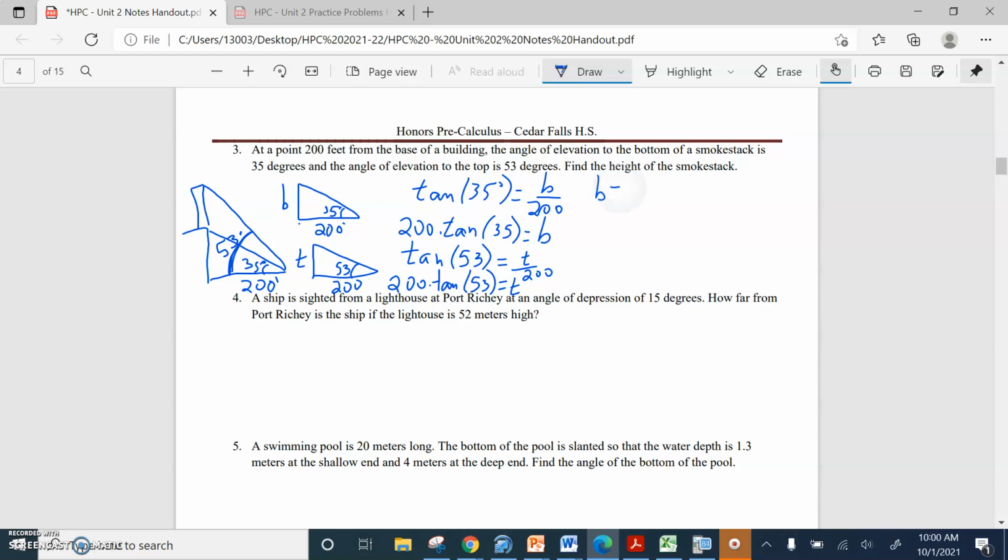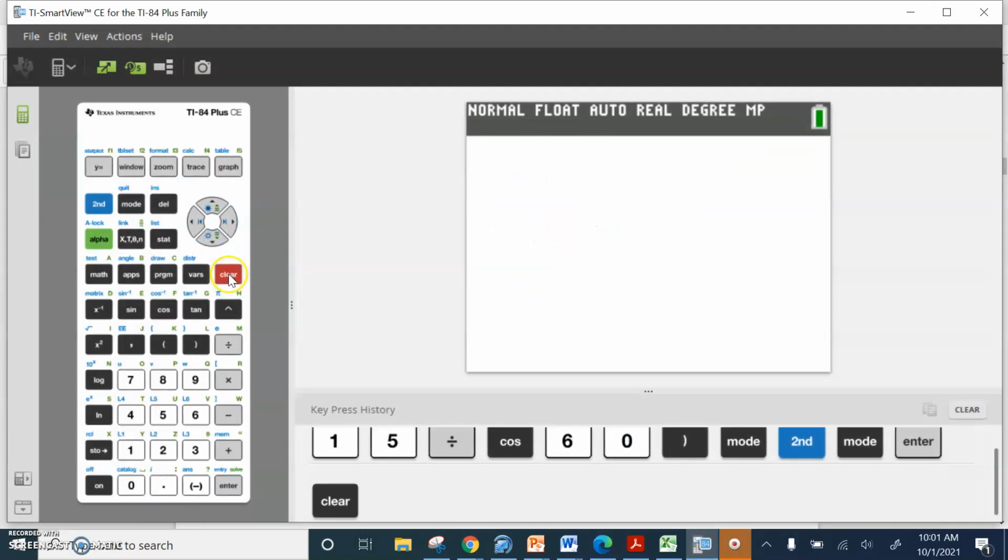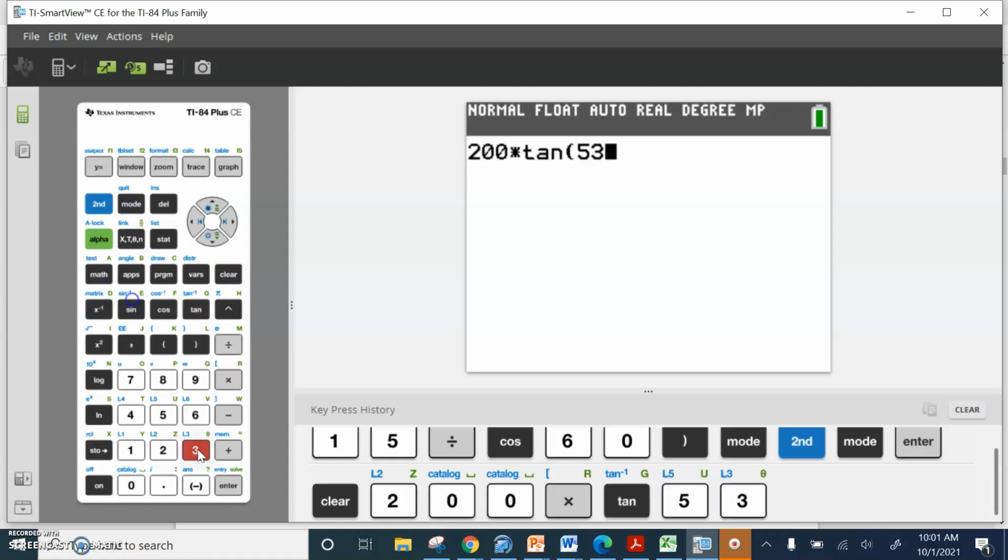B, if we run that, we get 140. And I did try to keep that rounded to the nearest hundredth of a unit, in this case a hundredth of a foot. T, we also run in our calculator. I'll do one of these: 200 times tangent of 53.